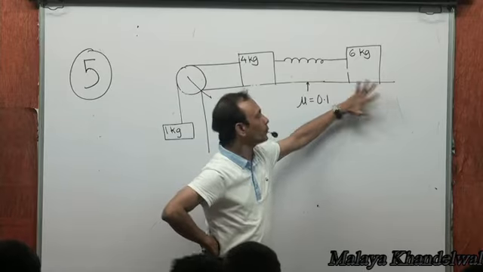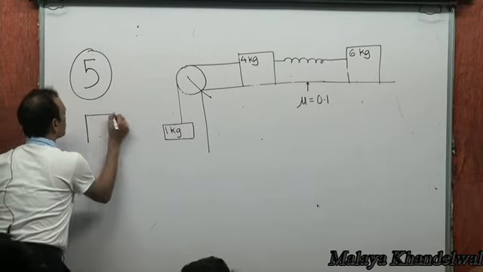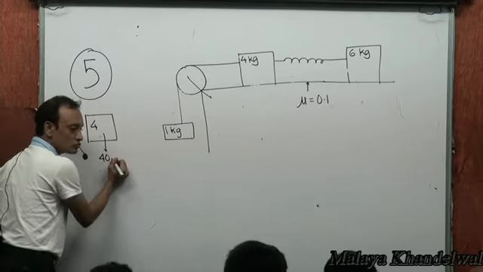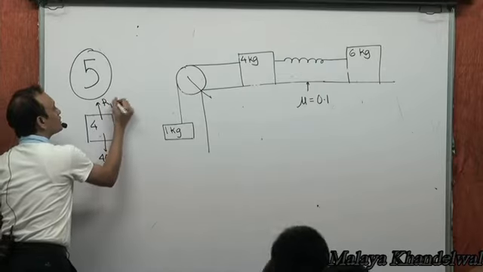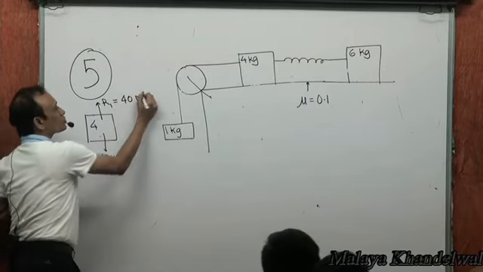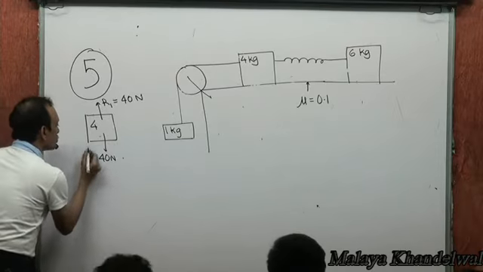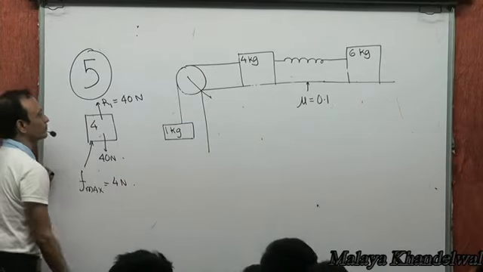Now, between the 4 kg block and the ground, this is 40 newtons. Normal reaction R will be 40 newtons to maintain vertical equilibrium. So what's the maximum static friction between the block and this ground? 40 into 0.1, 4 newtons.